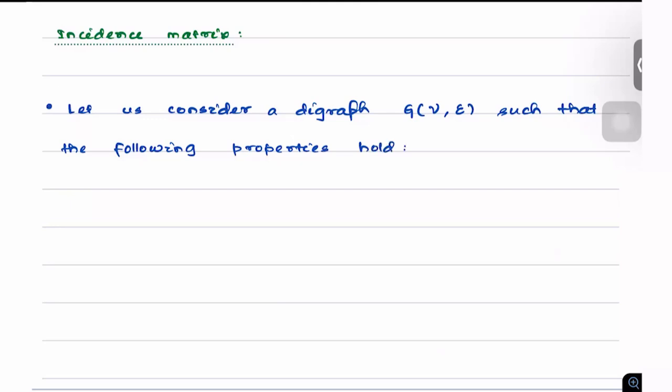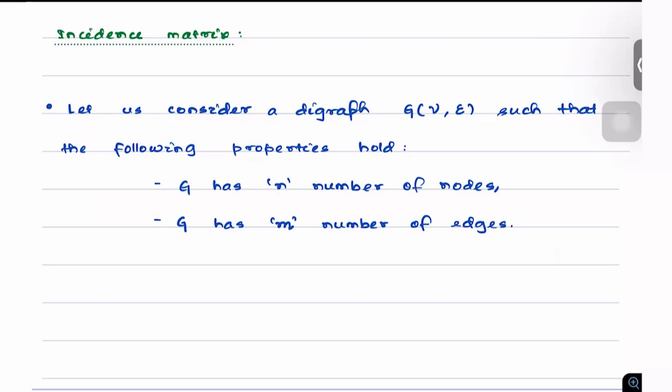What are the properties? The first one is G has n number of nodes. The second property is something that we generally don't specify very often. That is, G has m number of edges.